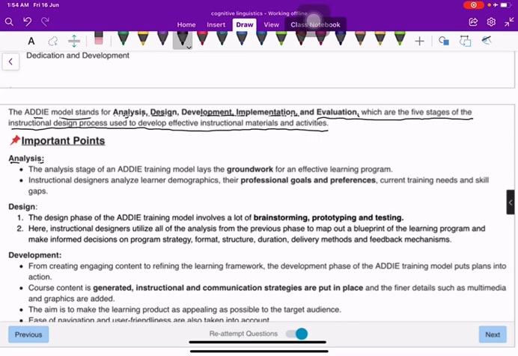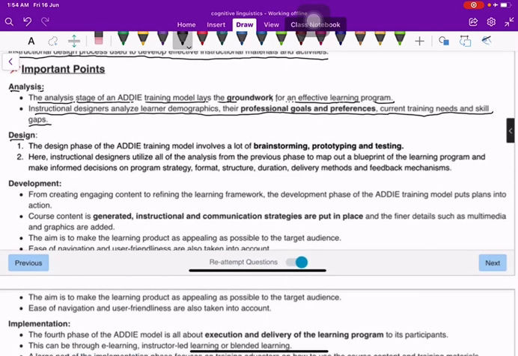The first, analysis. The analysis stage of ADDIE training model lays the groundwork for an effective learning program. The instructional designers analyze learner demographics, their professional goals and preferences, current training needs, and skill gaps. The next is design.